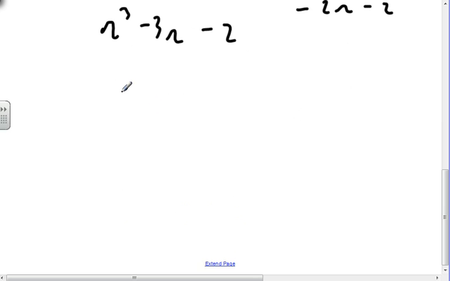And I see that r equals minus 1 works. So r plus 1 is a root.